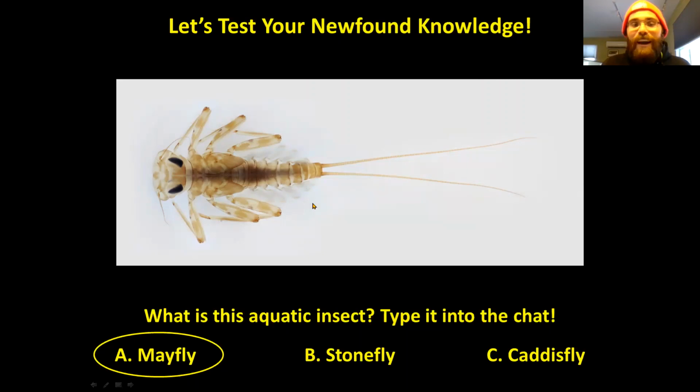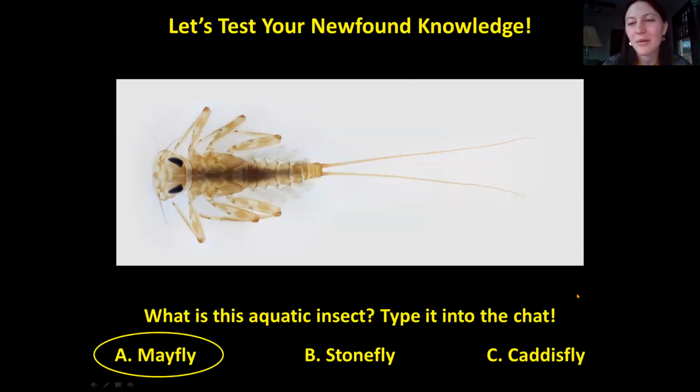However, one of the ways you can definitely tell that this is still a mayfly is that you still have these abdominal gills running down the side of the body like that. So that's a tricky one. I don't feel bad if you got that one wrong.